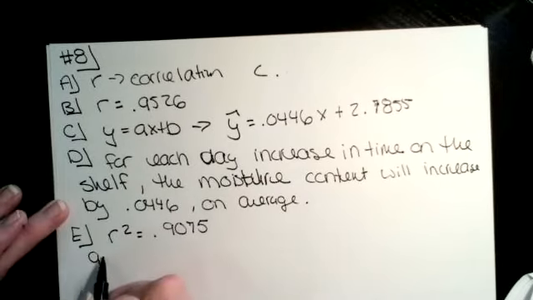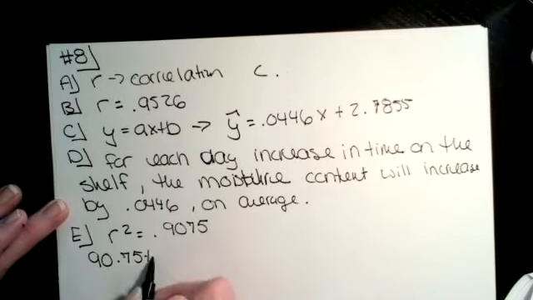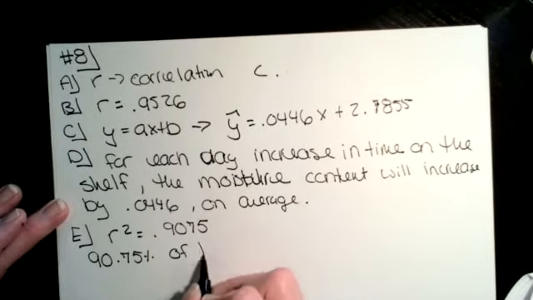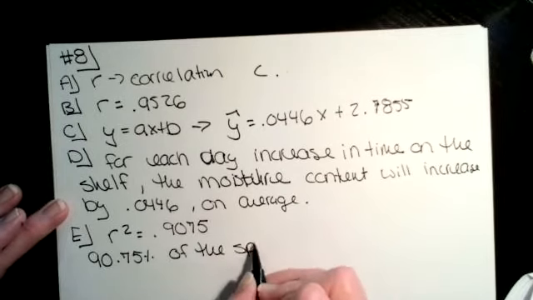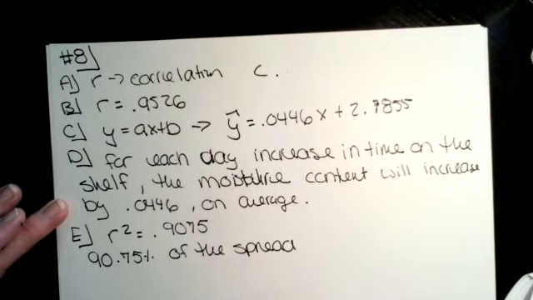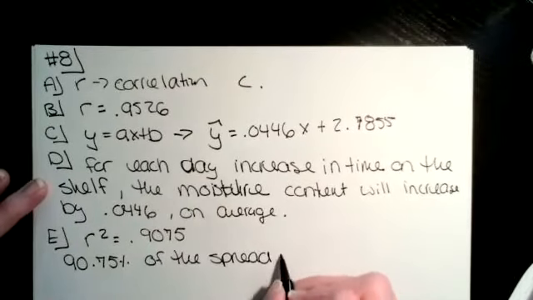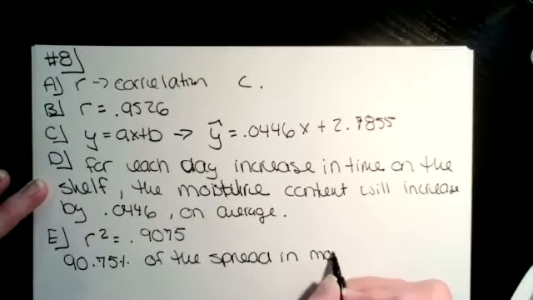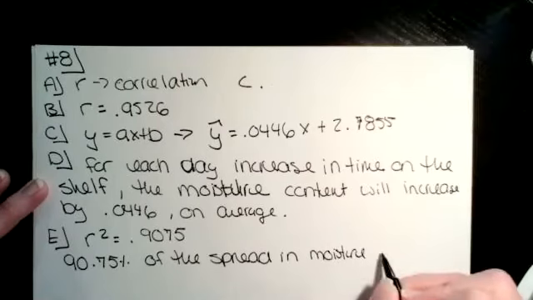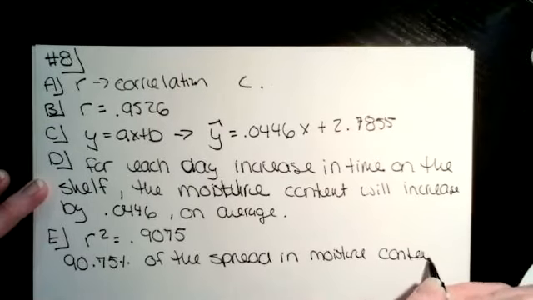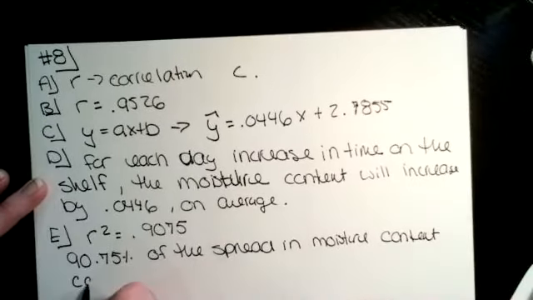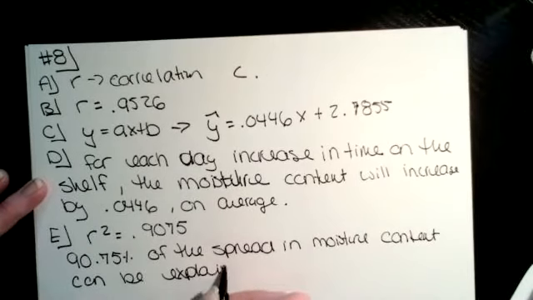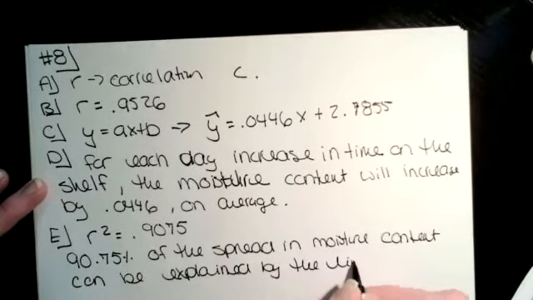Remember, this is saying that R squared percentage, so 90.75% of the variation or spread in my Y, so I'm going to say in the moisture content, can be explained, and it's not by X, it's by the line, the equation of the line.